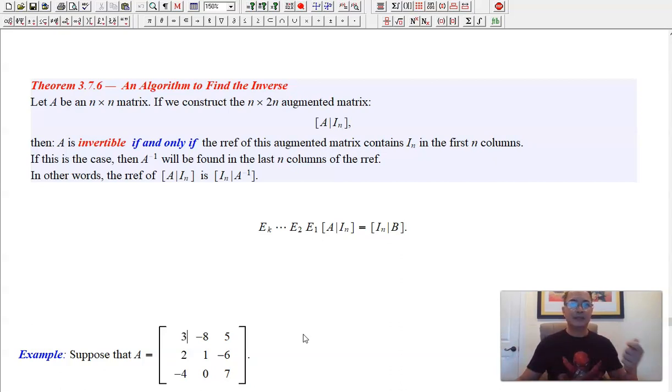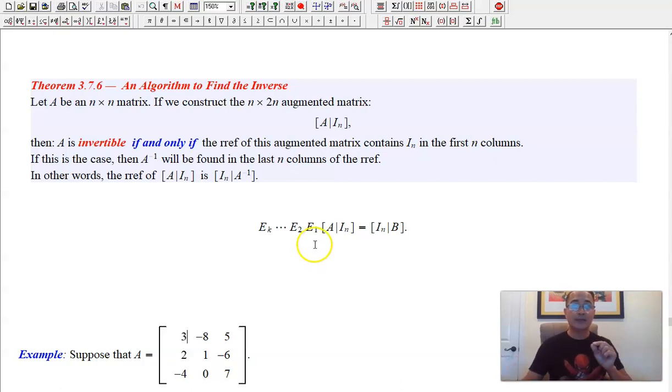Okay, so what does that mean? We will perform a row operation, and then another operation, and then a third operation, and so on. But remember, our second theorem, I think, said that performing an elementary row operation is exactly the same as multiplying the matrix to the left by an elementary matrix.